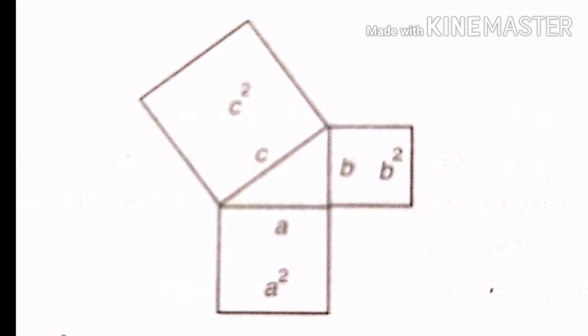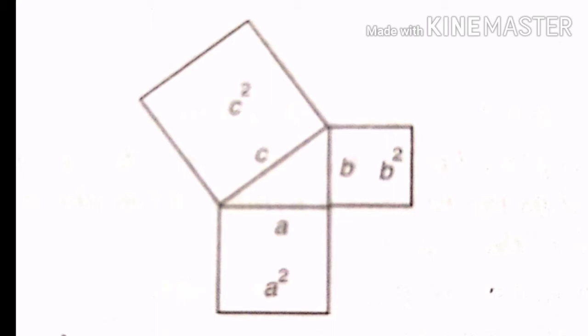Students, if in a triangle the three sides are denoted as small a, b and c, then we can represent our Pythagoras theorem as c square is equal to a square plus b square.